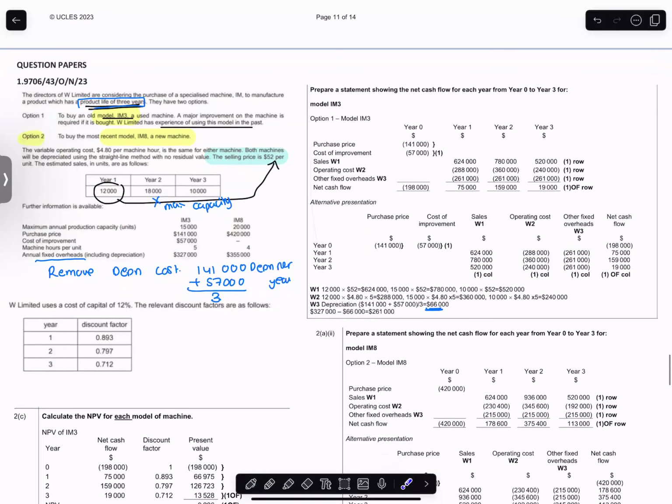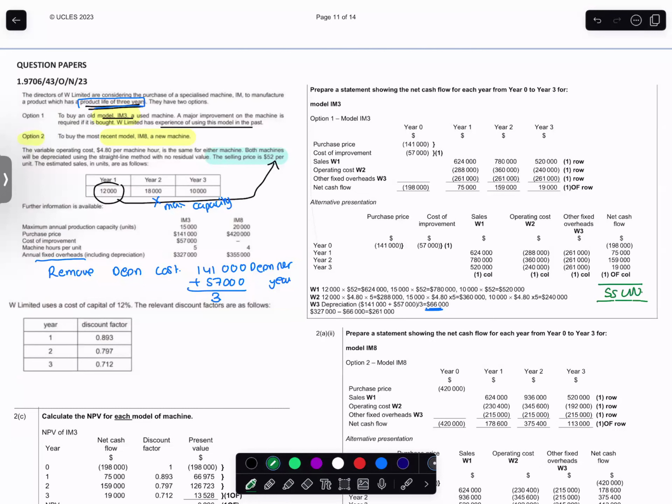What is your total net cash flow for all the 4 years? Wait, I've calculated it. It is 55,000, positive. 159,000 plus 75,000 plus 19,000 minus 198,000. 55,000 positive.